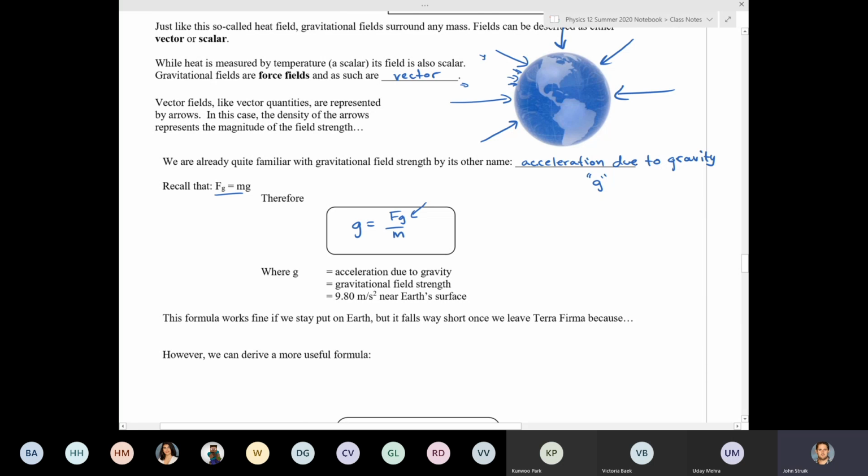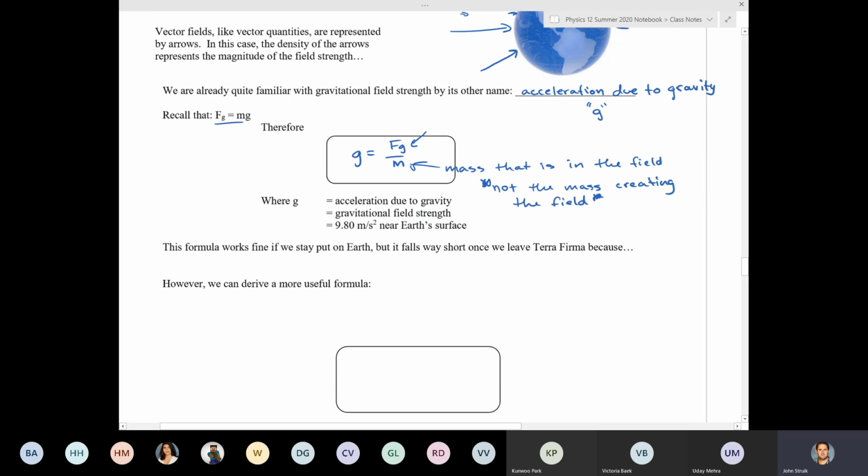So it's whatever the force of gravity is divided by the mass that is accelerating. This is the mass that is in the field. It's not the mass creating the field. I'll just put a star here. That would be the mass of the planet. When we did Fg equals mg, it was the mass that was actually being affected by gravity. It wasn't the thing creating the gravity itself.